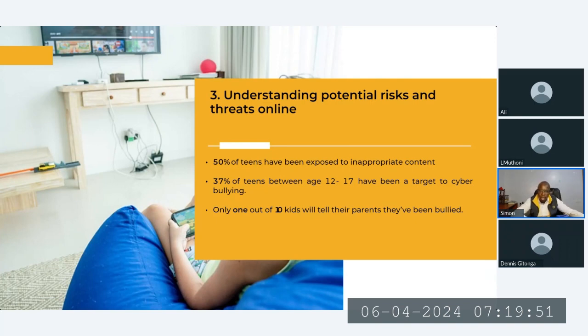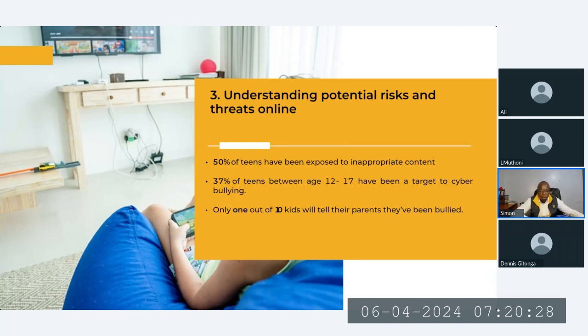Everybody who has gone to high school in the recent past knows what bullying is. Now, the challenge is that bullying in the cyber world is riskier because the internet has a history, and this kid will be reminded of that thing 20 years, 50 years to come. So it is important to know that these kids are usually targets of cyberbullying, and we are the people to make this stop.